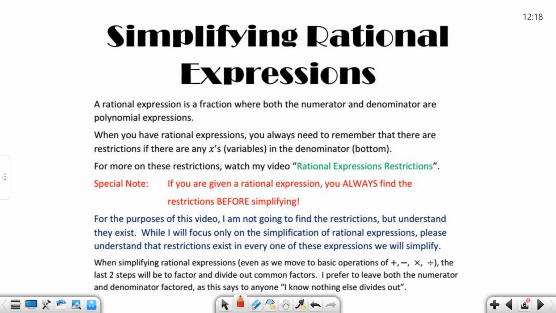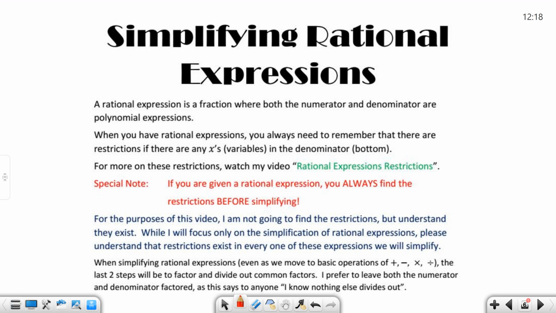to do here. When you simplify rational expressions, even as we move on to basic operations like add, subtract, multiply, and divide, the last two steps will be to factor and divide out common factors. I prefer to leave both the numerator and denominator factored, as this says to anyone, I know nothing else divides out. Now, if your teacher wants you to distribute that 2 back through there, if we get 2 times x plus something, you do what your teacher wants because you're in their class.